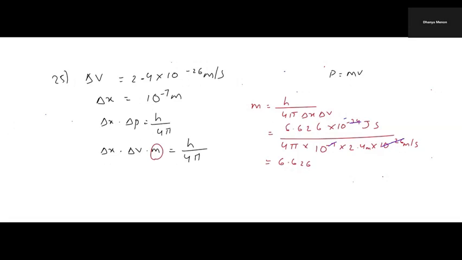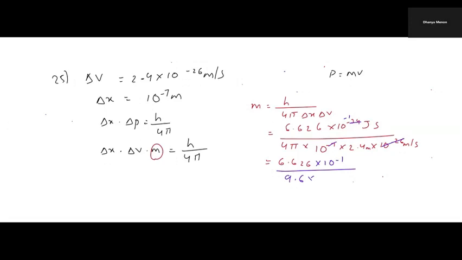We are left with 10 raised to minus 1 times 10 raised to minus 1 by 9.6 times pi.